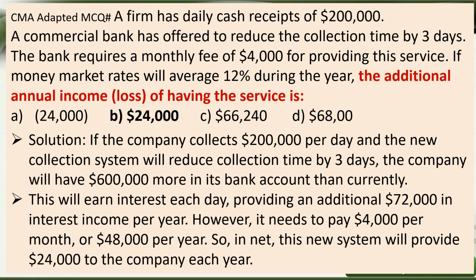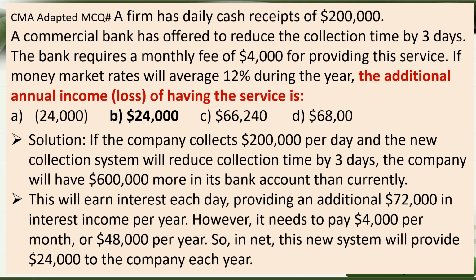This will earn interest each day because the average rate of interest is given as 12% during the year. So we calculate that it is coming to $72,000 in interest income per year.